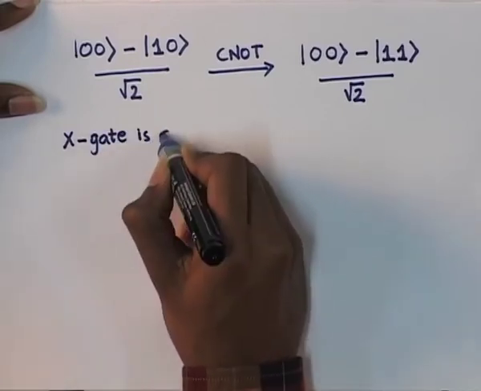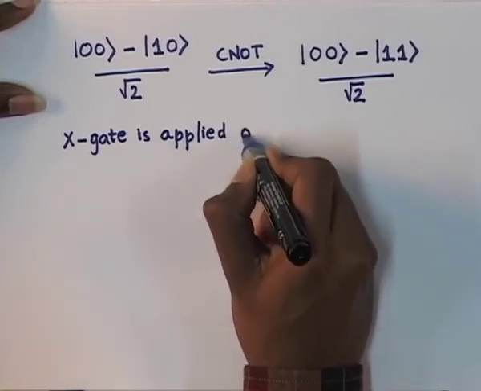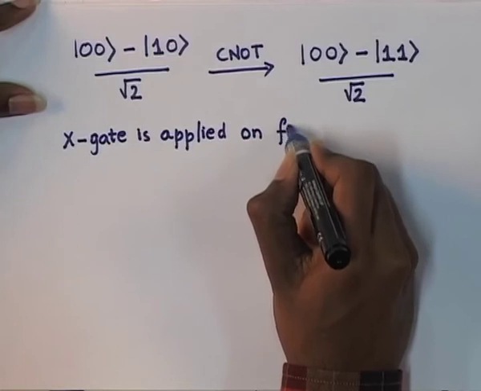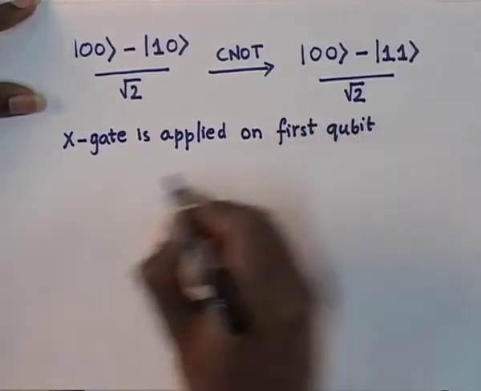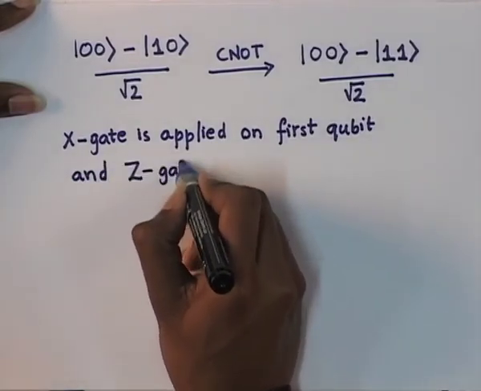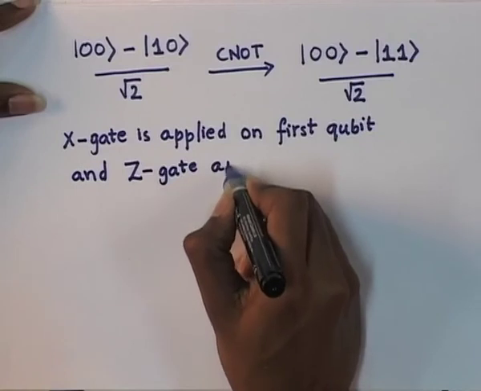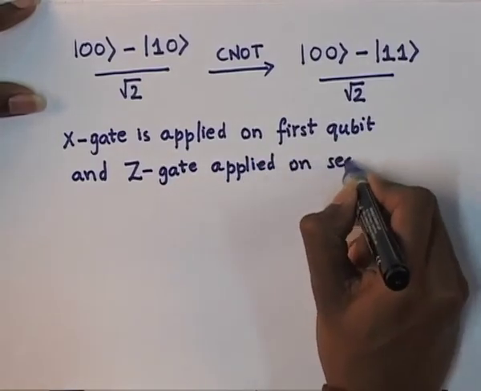X gate is applied on the first qubit and Z gate applied on the second qubit.